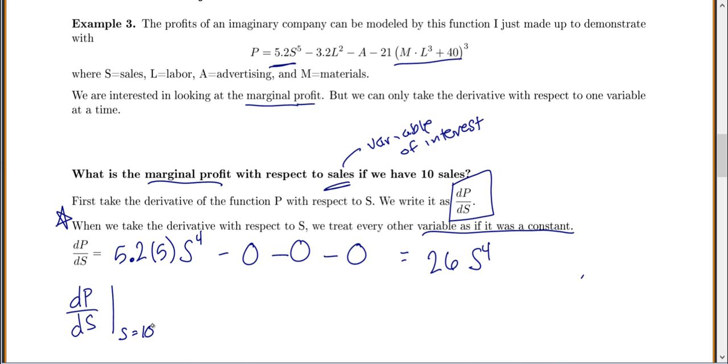That means our derivative when s equals 10. So our derivative of p with respect to s when s equals 10 is going to be just plug in your 10. $260,000.